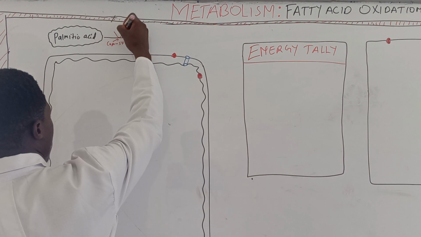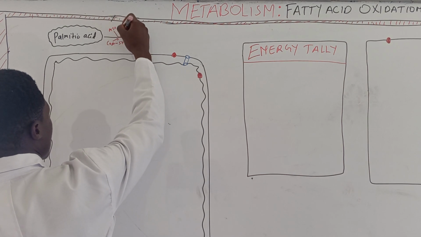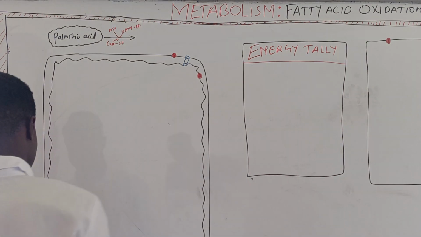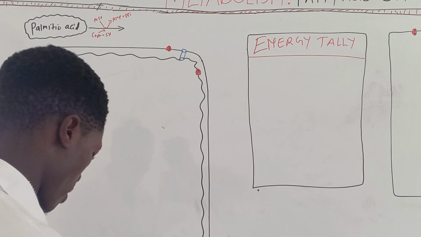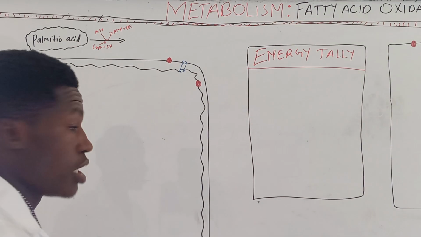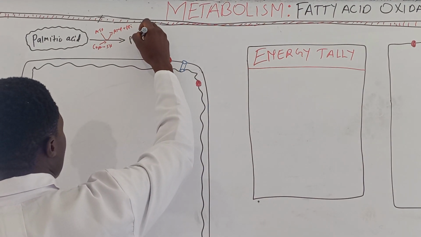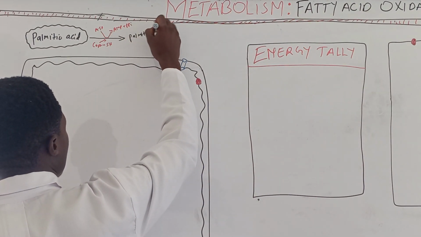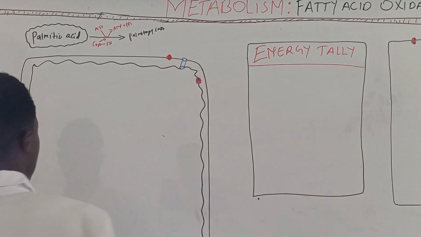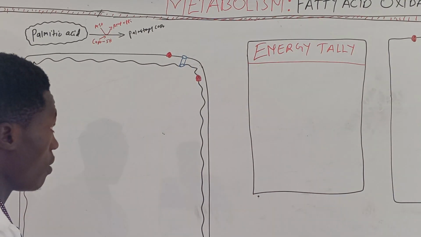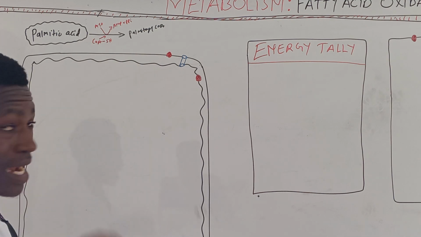Then this reaction required some ATP converted into AMP plus pyrophosphate. Alright. So what did we form? We formed a pretty cool molecule here, and this one is called palmitoyl CoA.